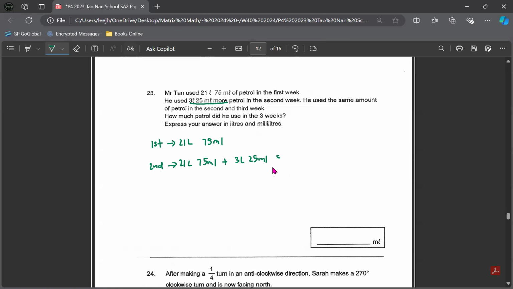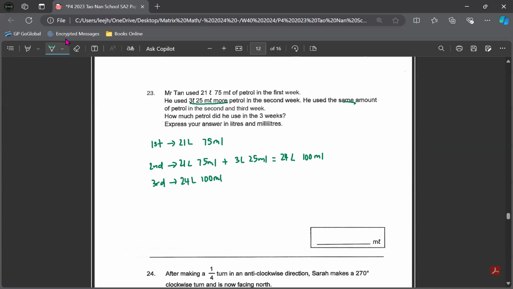If you work it out properly, you will get second week he will use a total of 24 liter 100 ml. And it says that he used the same amount in the second week and the third week. So the third week will be the same as second week, which is also 24 liter 100 ml.